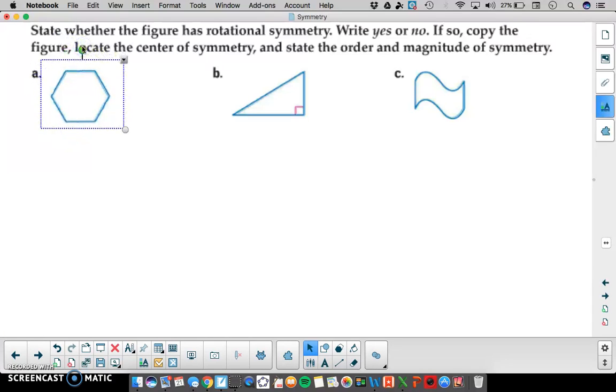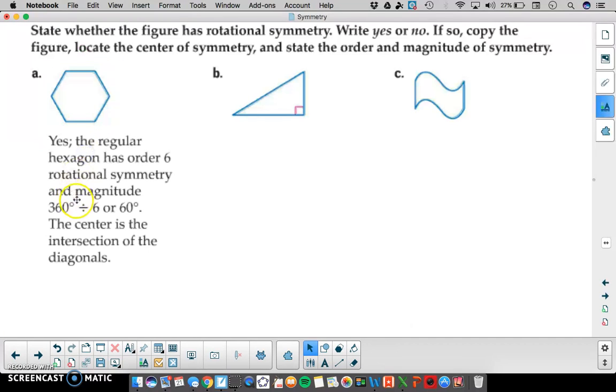So in that full rotation, we were able to determine that this does have rotational symmetry and that its order is actually 6. We could determine the magnitude of that rotation by taking 360 and dividing by 6, or 60 degrees. The center is going to be the intersection of the diagonals, because we're actually rotating around the center of the figure.